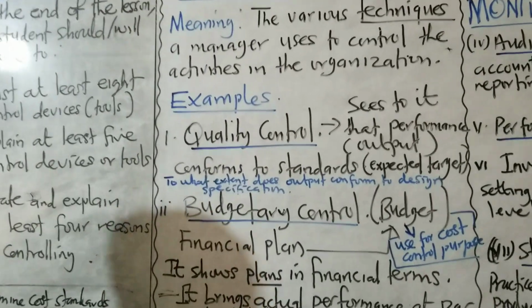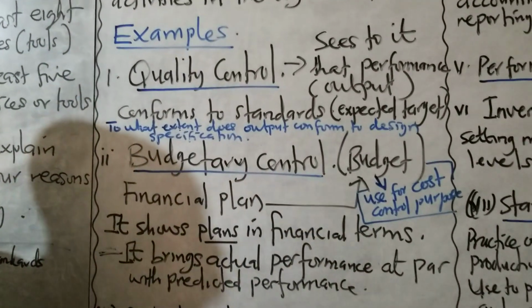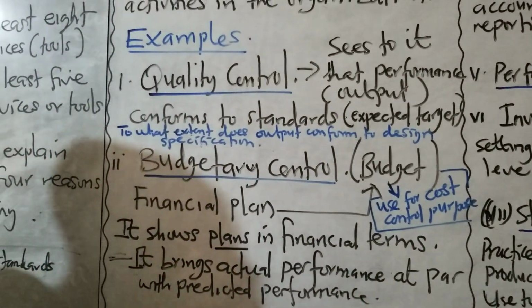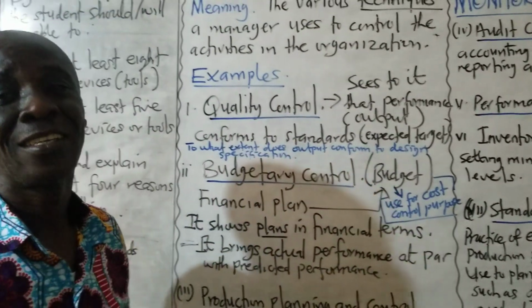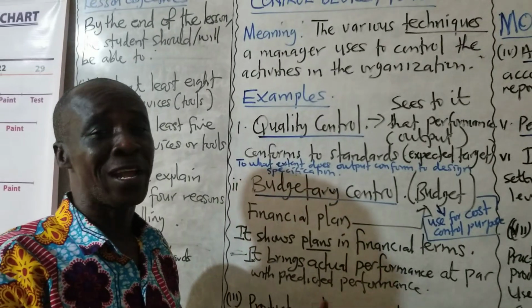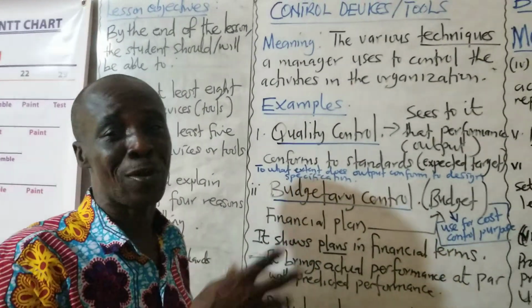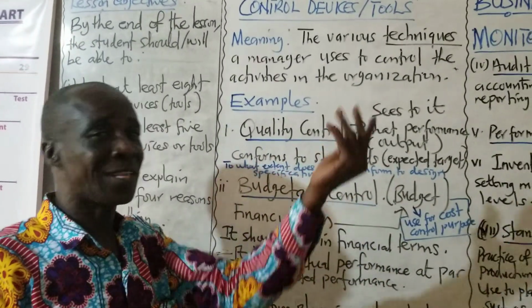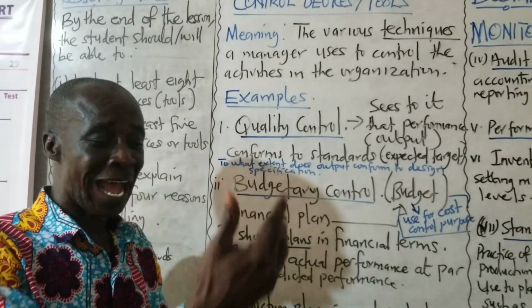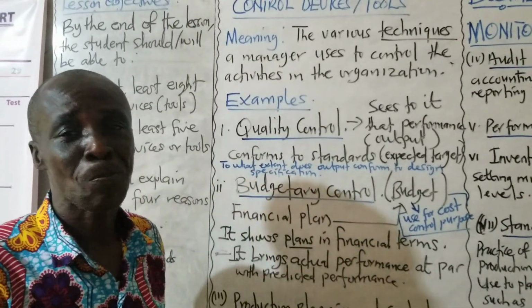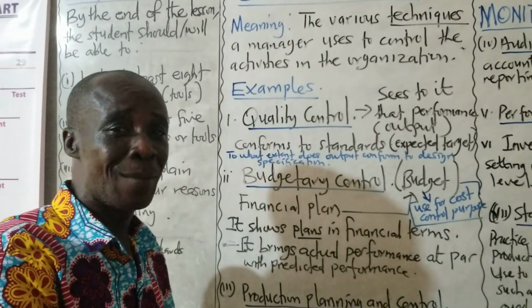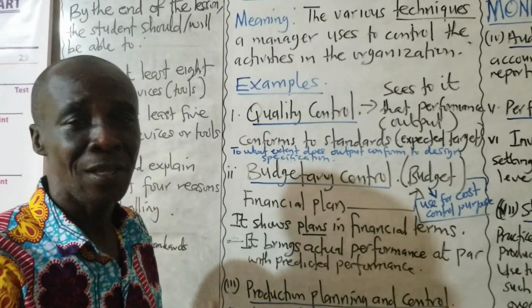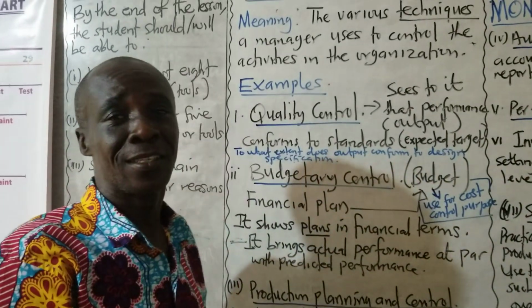Then the next one is budgetary control. Everyone knows budget. You remember when we were in school and we were talking about budget, I said some of you, even when you were coming to school, your parents asked you to prepare a budget. So you picked the items, you had a piece of paper, you wrote sugar, milk, Milo, this number of things.